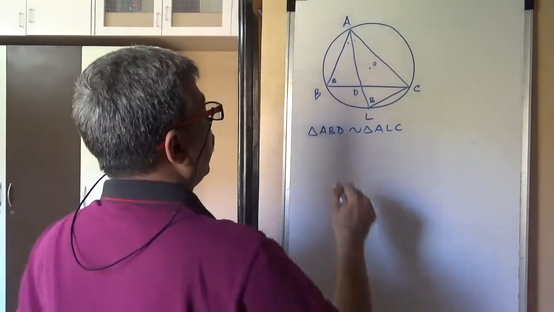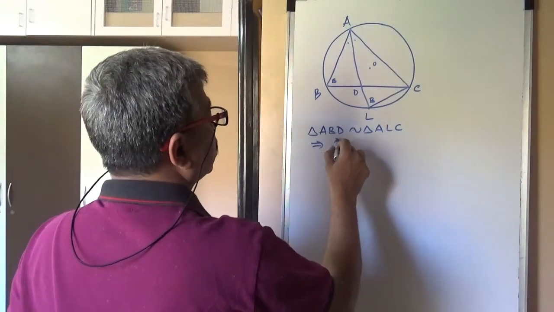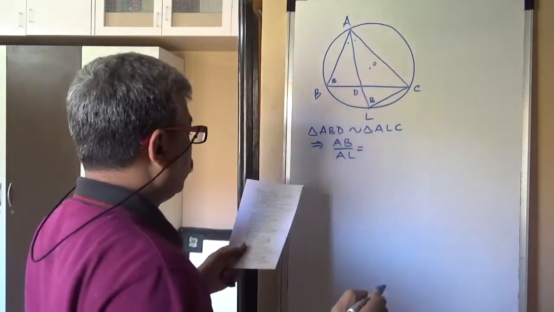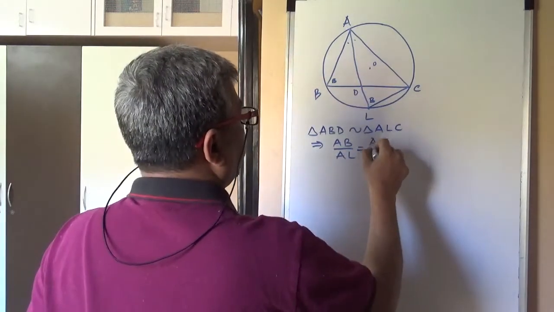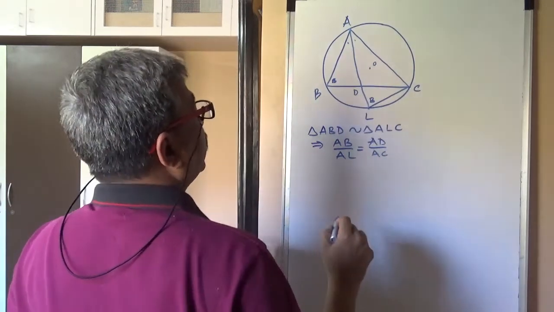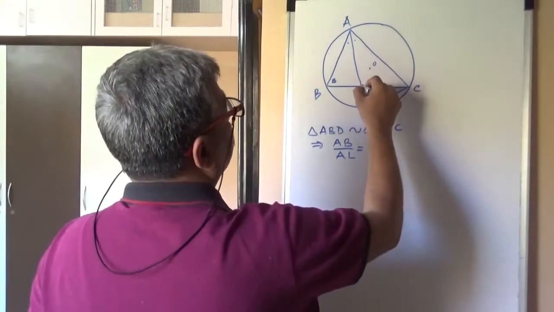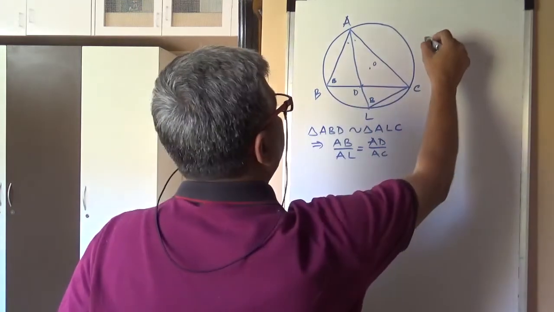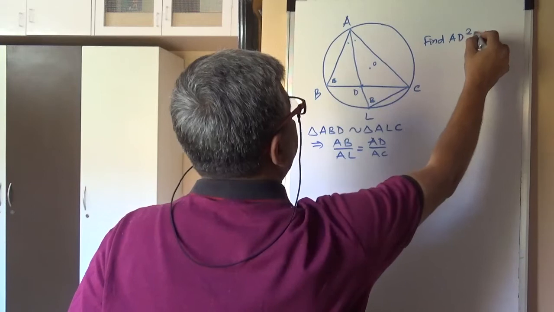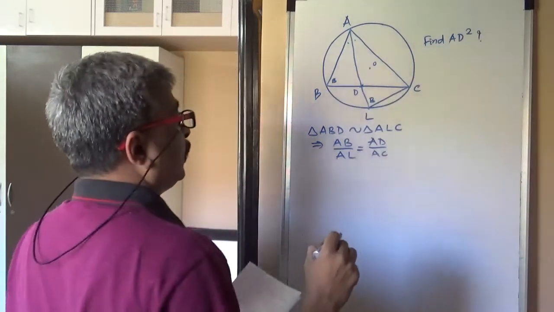That is what we have, and therefore this gives us the relation AB upon AL is equal to AD upon AC. And length of angle bisector means we want to find AD or AD square. That is our problem today.